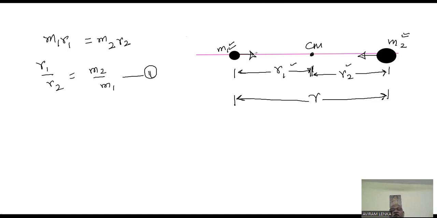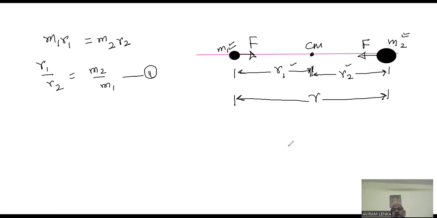The masses are released. M1 starts to move towards M2 and M2 starts to move towards M1. The force of attraction between them is the same, Newton's gravitational interaction force. The forces on M1 and M2 are equal and opposite, by Newton's third law: every action has an opposite reaction.